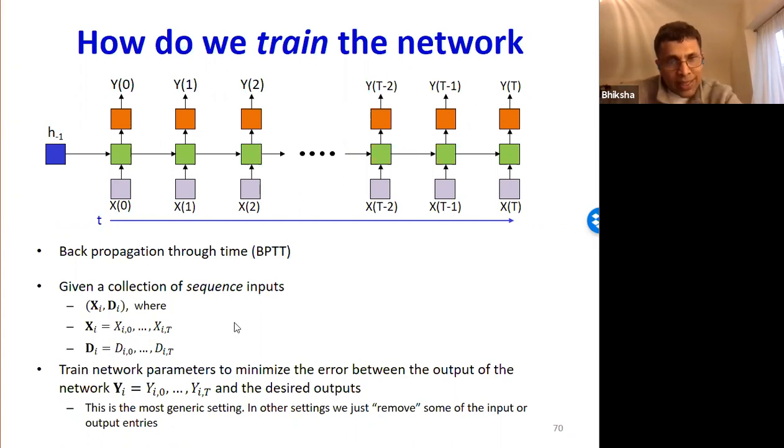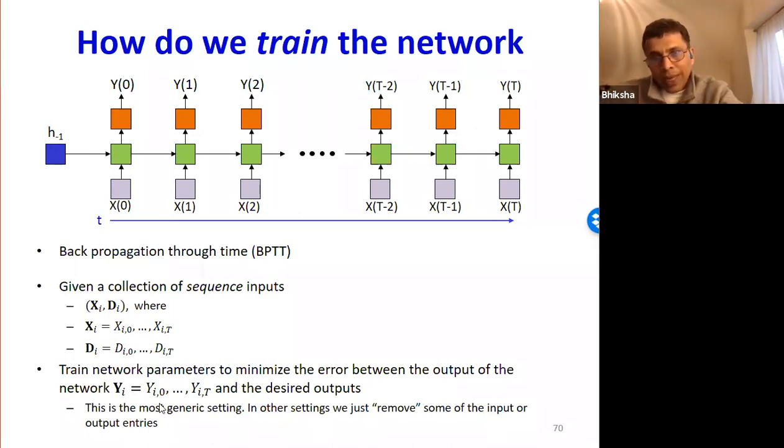So this is the most generic setting, and again all of these columns are identical, and we have to train the parameters of this network such that the actual output sequence matches the desired output sequence most closely. Again, we are speaking of sequences, not of individual outputs.